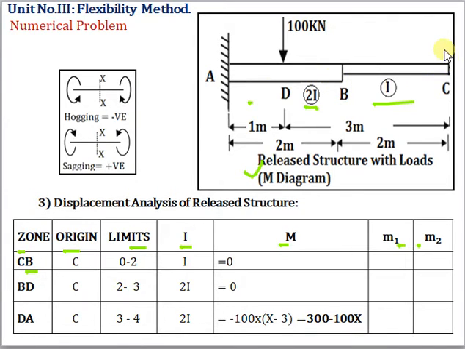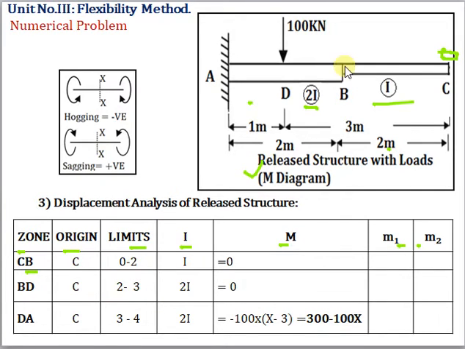Now let's consider C as the origin. Let us keep the origin constant for all zones, so C is the origin for all zones. For the CB zone, C is the origin, so the limit becomes 0 to 2, because the last point B is located at a length of 2 from the origin.